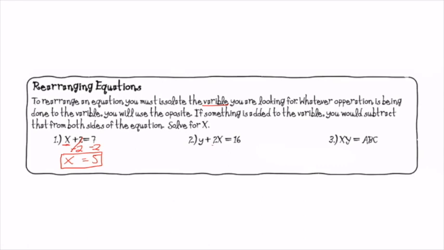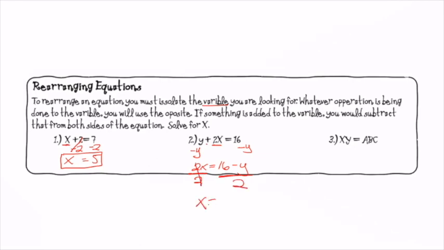Okay, we're trying to get x by itself again. So first we have to get rid of the plus. So we're going to subtract y from both sides. So this gives us 2x equals 16 minus y. Now we have to get rid of the 2. So since it's multiplied, we're going to divide. And so we'll divide the whole side by 2.